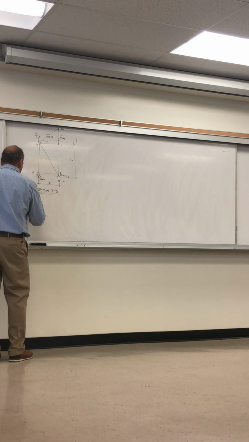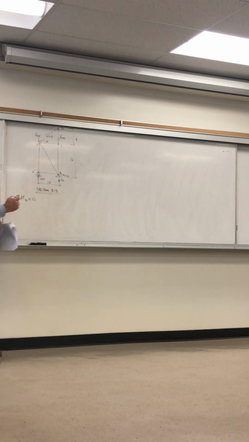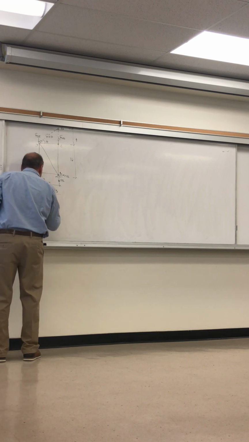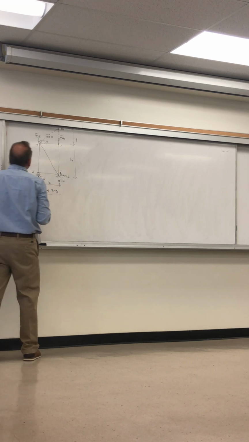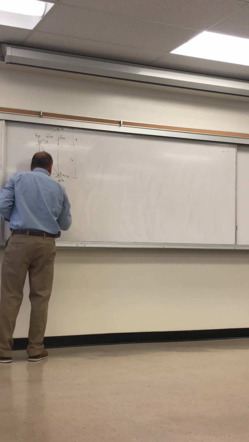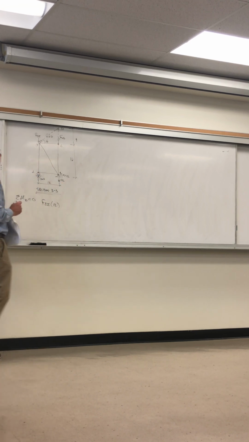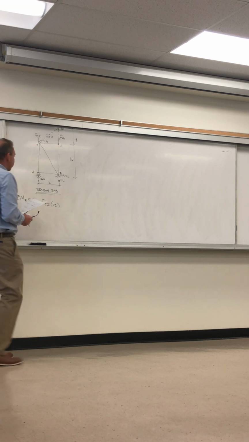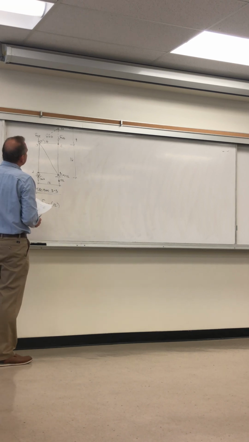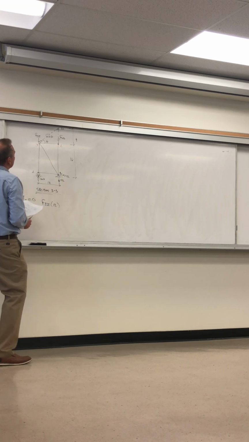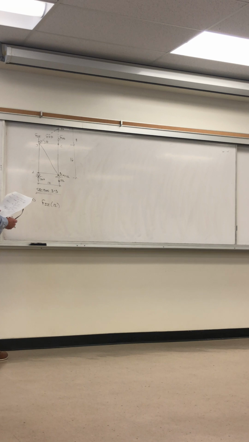Way up there, that's why I chose that point. So I have F of JI multiplied by 12. That's counterclockwise.